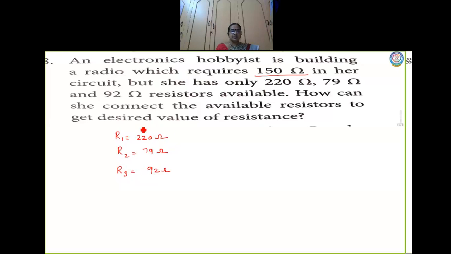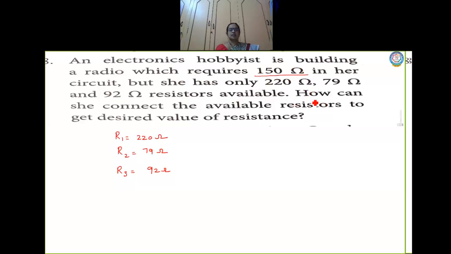So she has to arrange these resistors in such a way that she should get a value of 150 ohm. How should these resistors be connected so that she can have 150 ohm? Okay, that is the question.